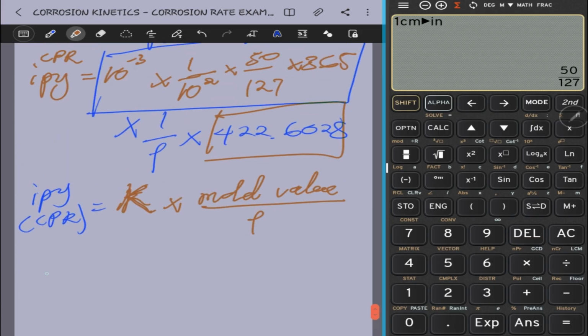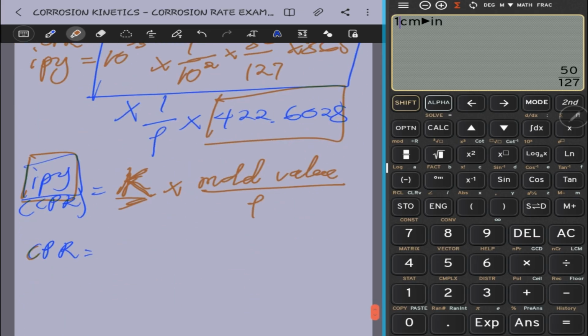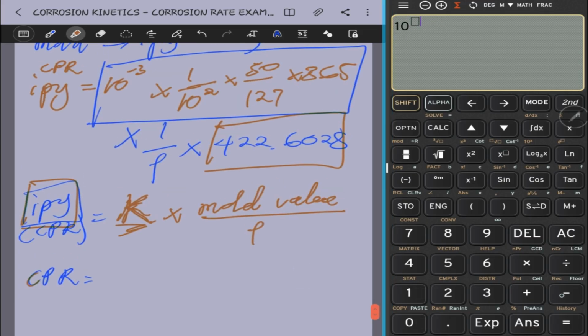So now, let's write again, the corrosion penetration rate in IPY. This constant here is all the conversions that we did here. So that will be 10 to the power minus 3, and then we have times, for the sake of understanding, I'm just going to type what is there directly.